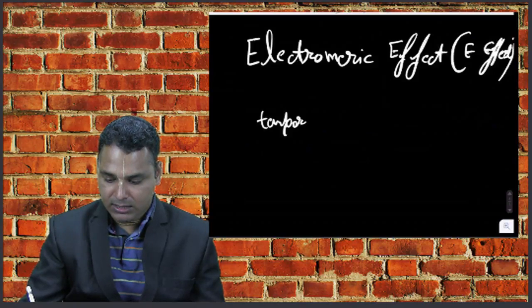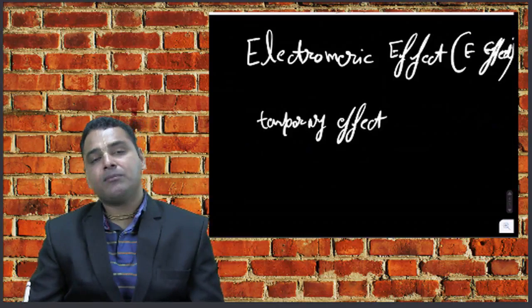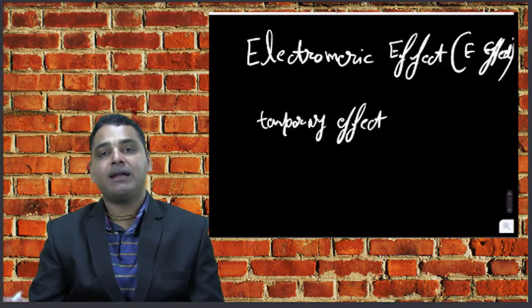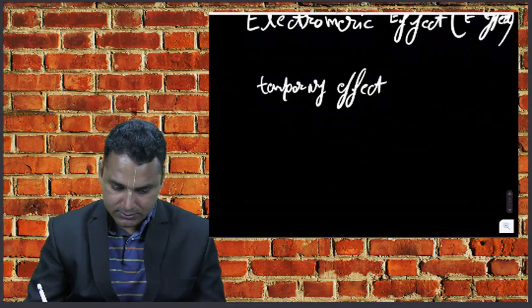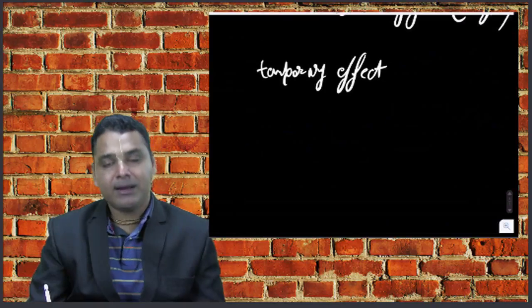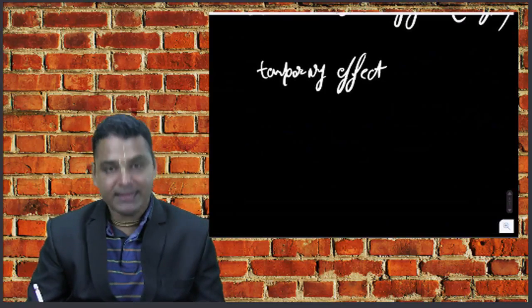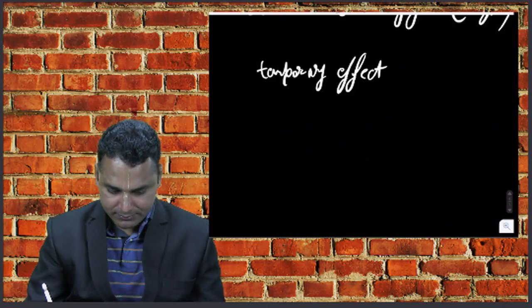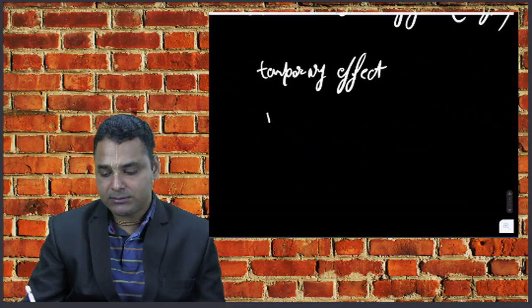This is a temporary effect, and it is shown by the compounds having multiple bonds, like double and triple bonds, when they are attacked by a reacting reagent or an attacking reagent.